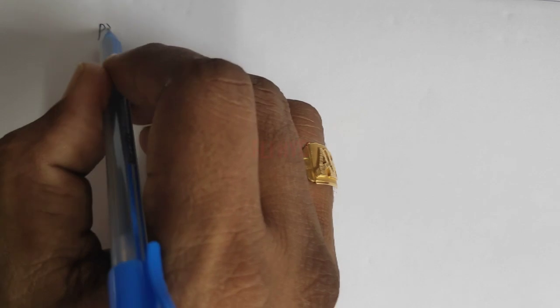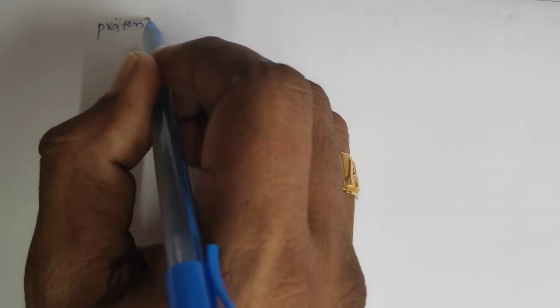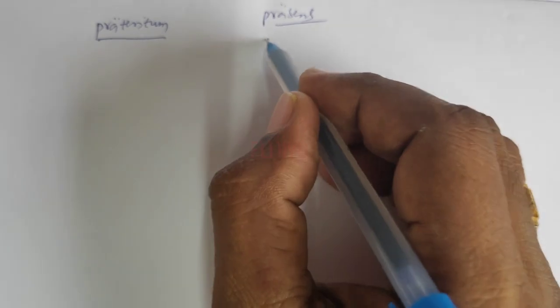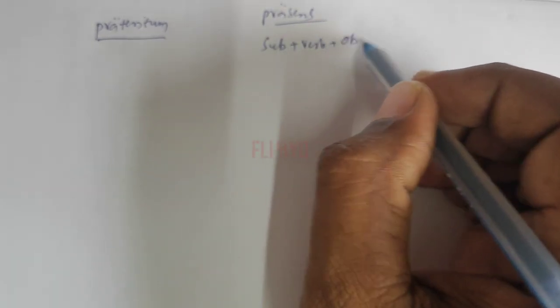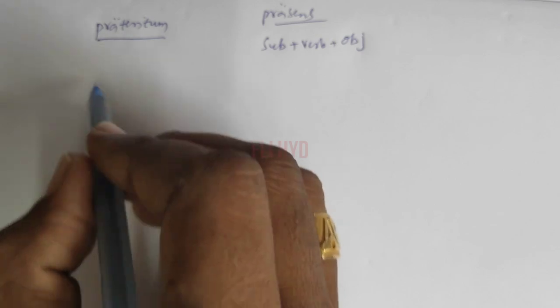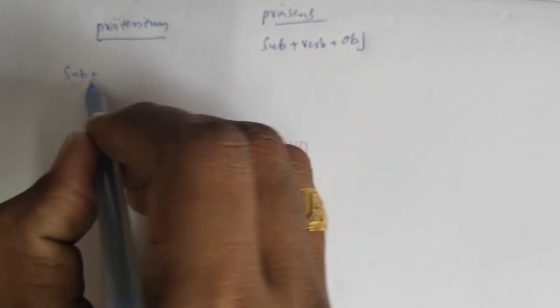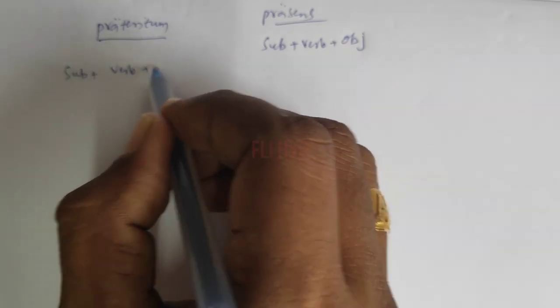Next one, Präteritum. Präteritum is like a past tense. Normally the structure for the present tense, like Präsens, is subject plus verb plus object, and Präteritum is also the same: subject plus verb plus object.